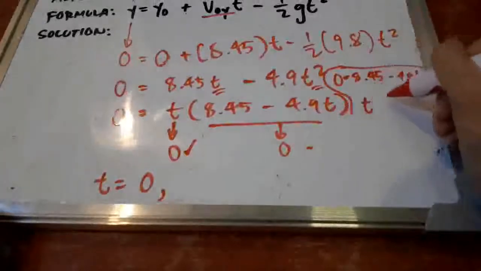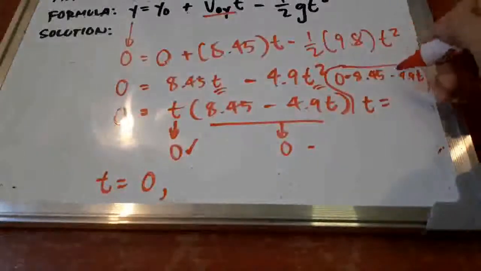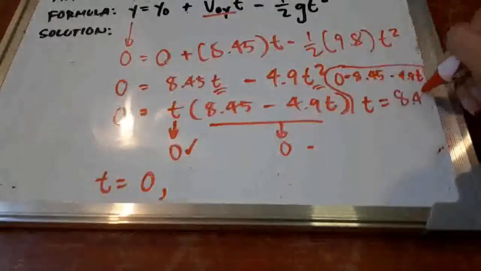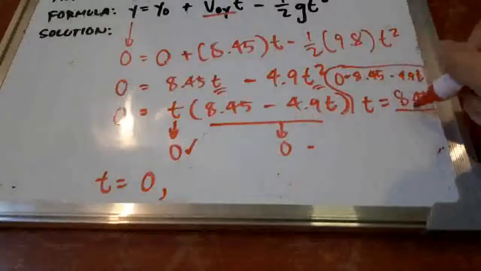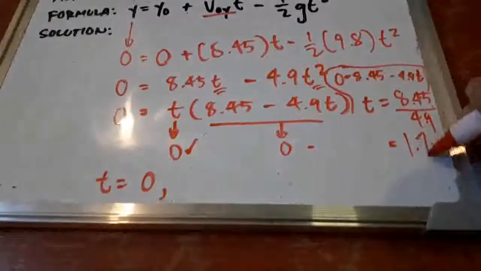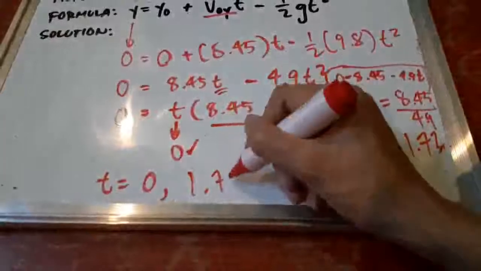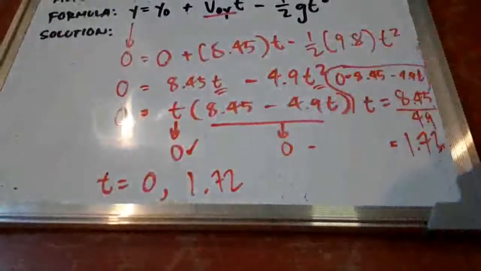If we solve this part, we get t is equal to 8.45 divided by 4.9, which is equal to around 1.72. So you have two possible values for t, 0 and 1.72.